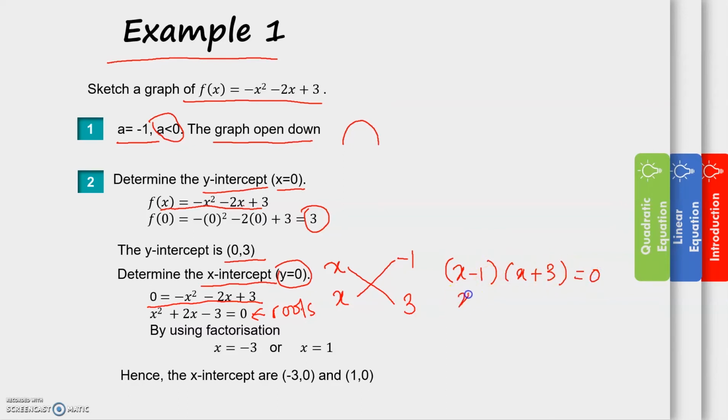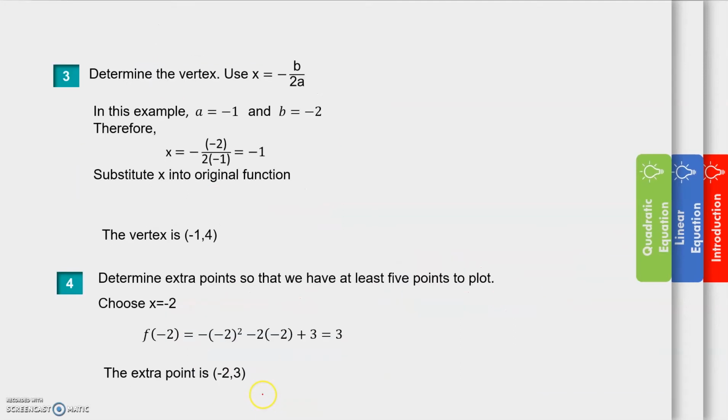By solving this, we have x equal to 1 or x equal to -3. So by using factorization, we get two solutions for our x values. The x-intercepts are (-3, 0) and also (1, 0). So these are the two values of our x-intercept.